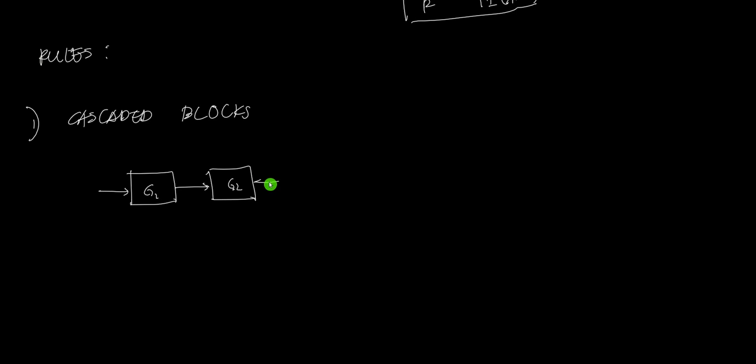It can be more than 2 if you want. So let's just take the 2. If I have here my input R and this is my output C, what we want is to simplify this into just a single block, because we are reducing the block diagram into a simpler form with input R and output C.